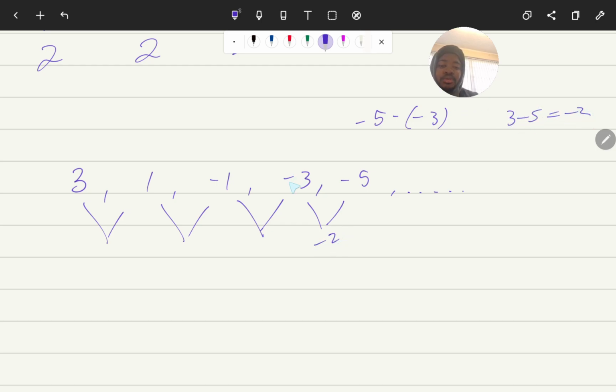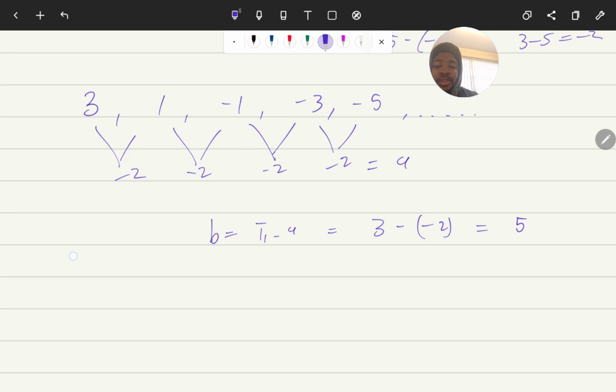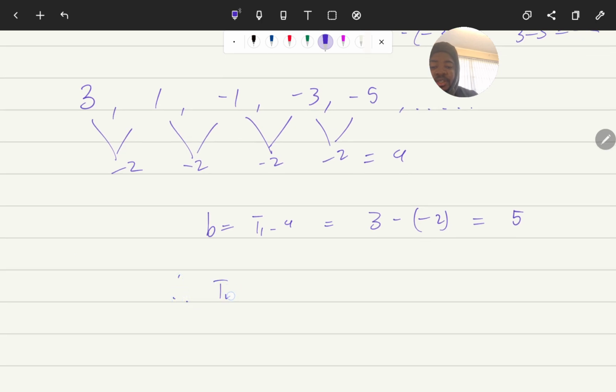So this is A. And now to find B, we say B equals T1 minus A, which is 3 minus -2, which is 5. Therefore, you have Tn equals -2, which is the common difference, n plus 5.